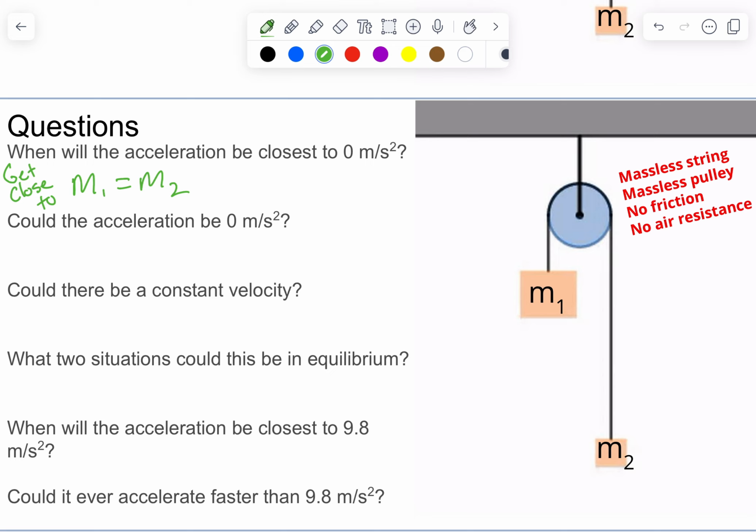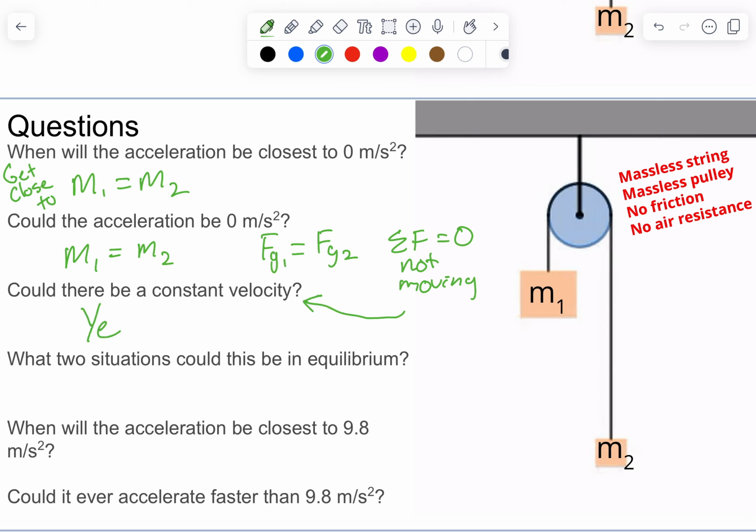Sure. If we had m1 equal to m2, then the force of gravity on 1 would equal the force of gravity on 2. The sum of all forces would be equal to 0. And then that means it's either not moving or at a constant velocity. So yeah, there could be constant velocity if m1 was equal to m2.